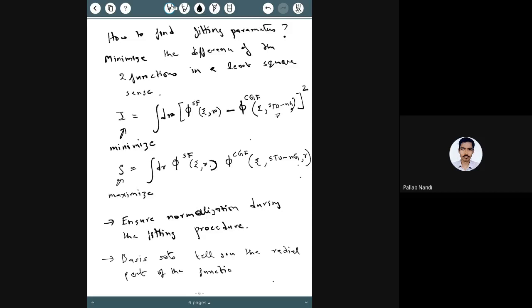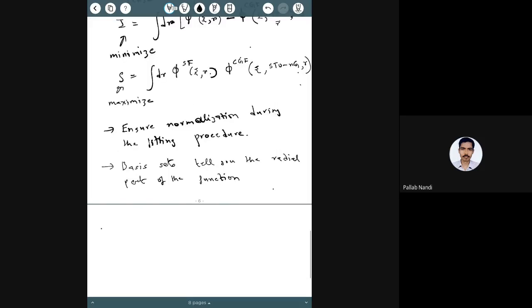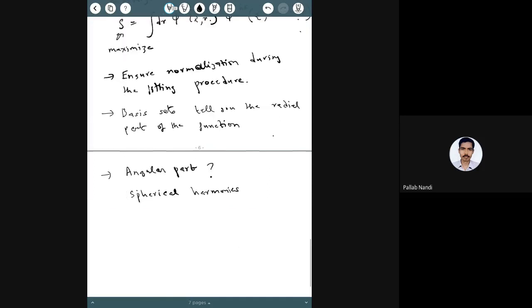So what about the angular part? The angular part is decided by what are called spherical harmonics. Just knowing the name is more or less enough. So these are the angular functions, and the angular part is multiplied.